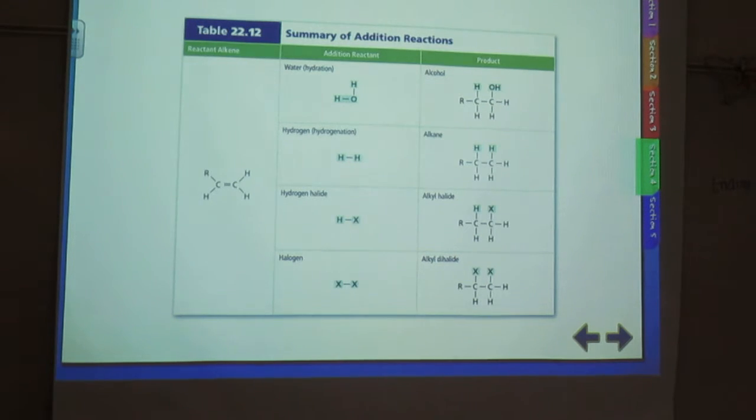Okay? And then the last one is a halogen, so that's the iodine, bromine, fluorine, chlorine. And the XX just means that it's diatomic, so that's like Cl2 or F2 or Br2. And you can see what's going on there. It ends up being a 1,2 Cl reaction, so if that was an H where that R group is, it would be an ethane, so it would be a 1,2-dichloroethane.